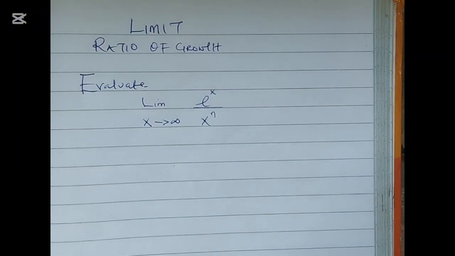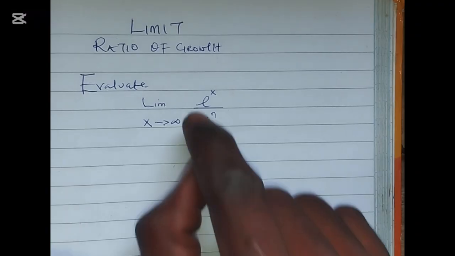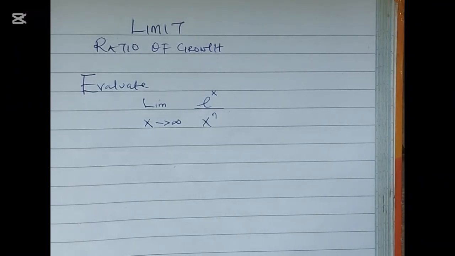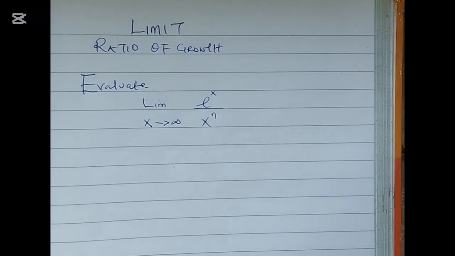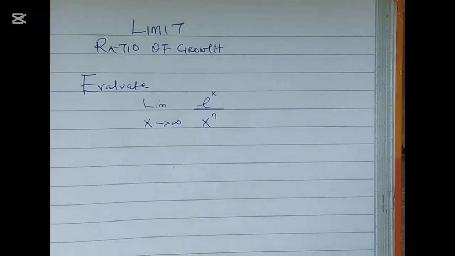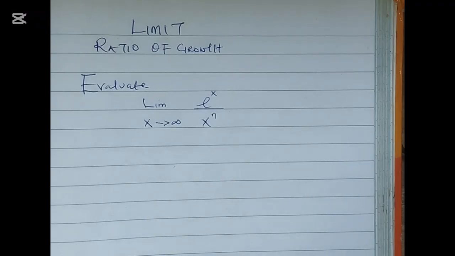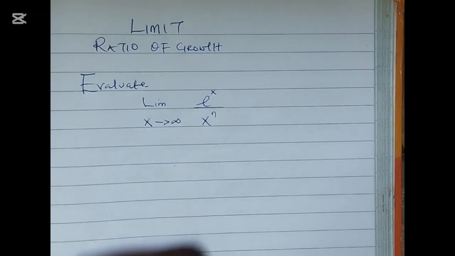Even if you can pick any value for n, what is the behavior of this exponential here? So the limit allows us to see the behavior and conclude what the behavior of this term is. The first thing we do here is input our value infinity and see the behavior.